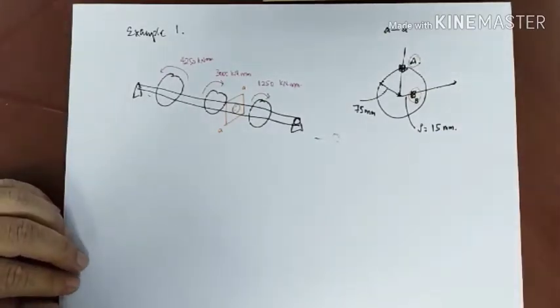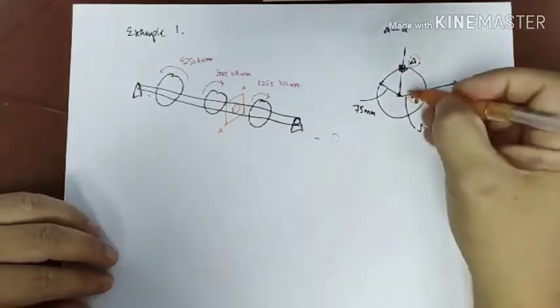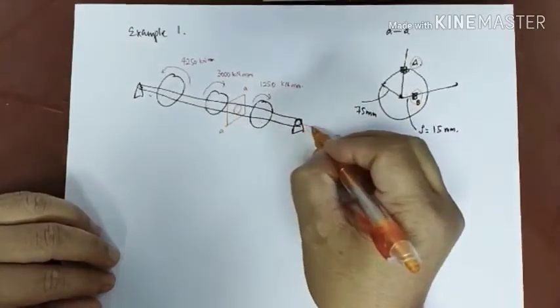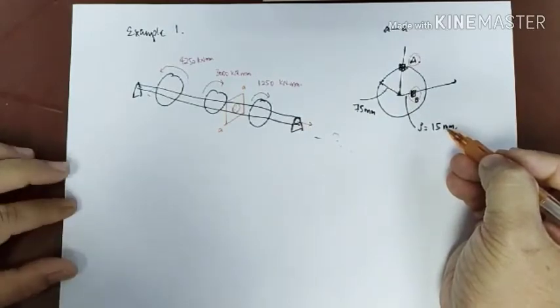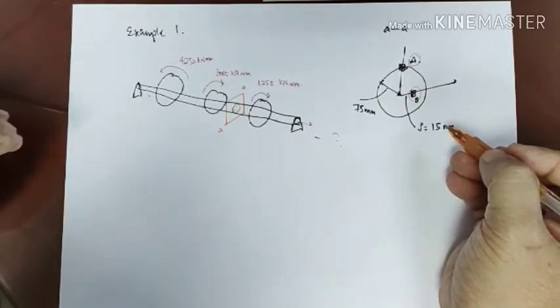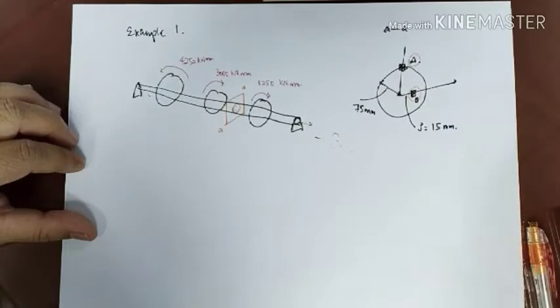So how are we going to calculate? The first step, first we have to identify: is the shaft perpendicular to the axis? Yes, we can answer yes, because it is perpendicular. So what is the free body diagram of the problem?